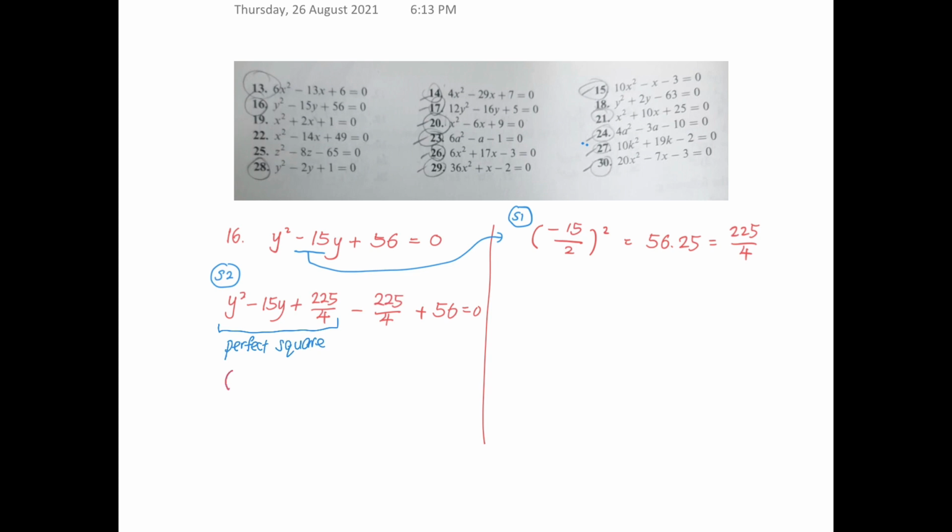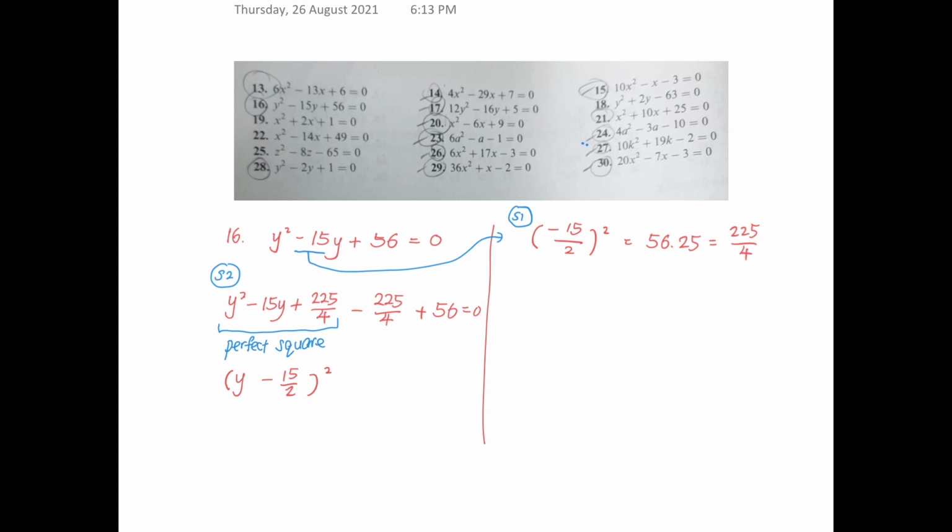The easiest way to do it is, we take y, and then the second term here, you take negative 15 and divide by 2 and put it at the back, which is negative 15 over 2. Then you square outside.